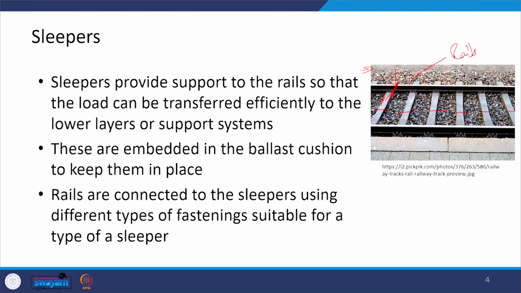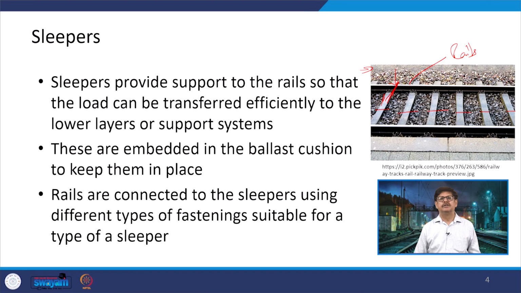Whatever load is coming to the rail is transferred to the sleeper, and half of the sleeper we assume comes into that influence, and it will transfer the load to the ballast below. These sleepers have to be embedded in the ballast cushion, and once they have been packed there, they will remain in position. They will not start moving this way or the other way.